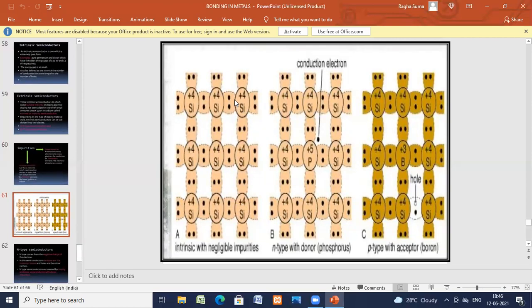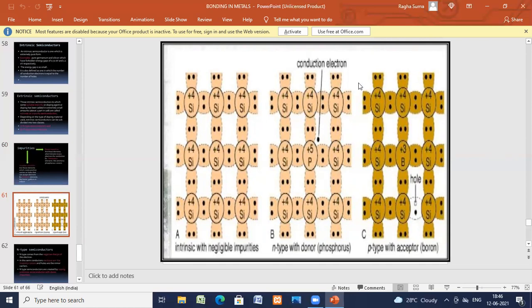This is a pure form of semiconductor, so it is called an intrinsic semiconductor. Now, from this silicon crystal, how do you get an N-type and how do you get a P-type?